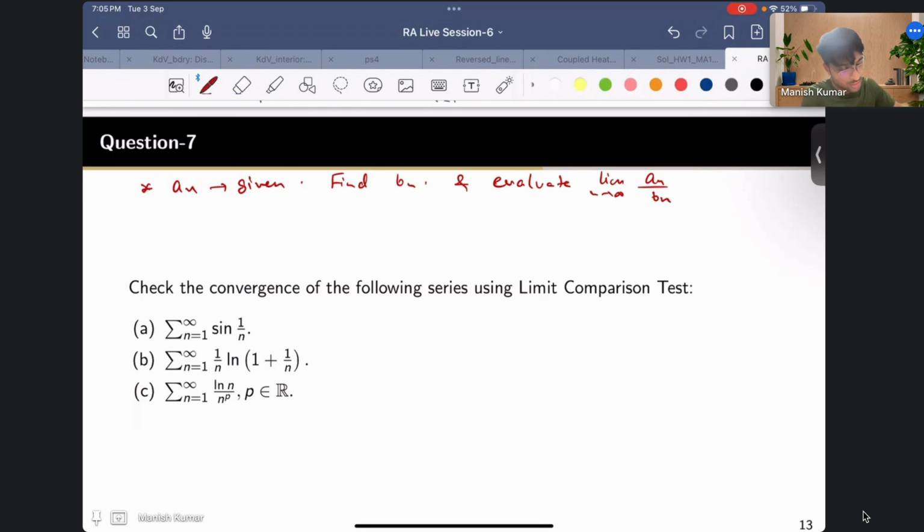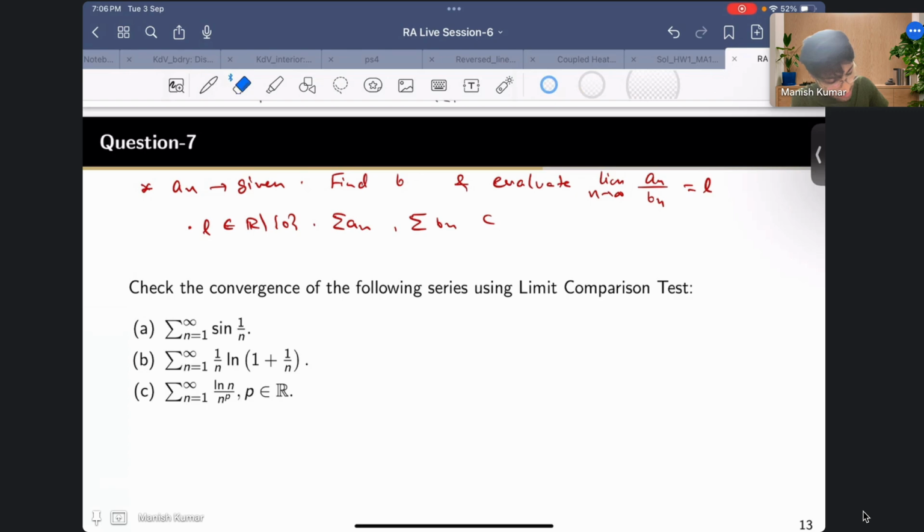Now what happens? So these are 3 cases, right? Suppose this limit is L. What are the conditions you get? When L is not 0 and L is not infinity, so when L belongs to R minus 0, then you say that summation an and summation bn converge or diverge together.